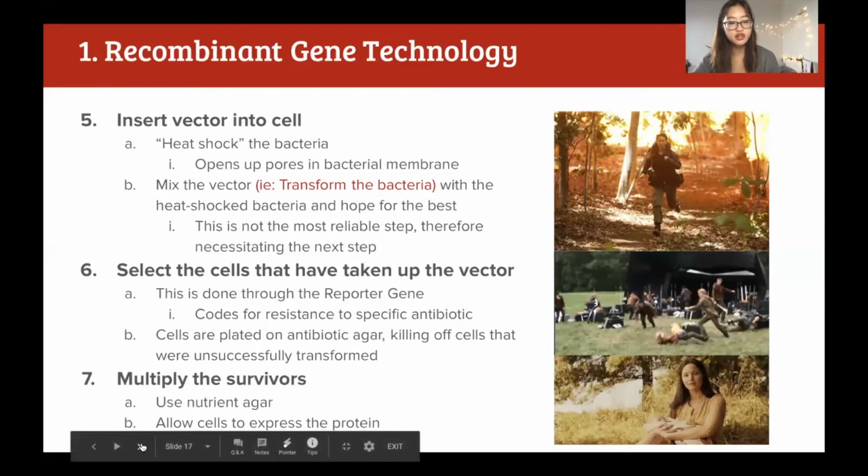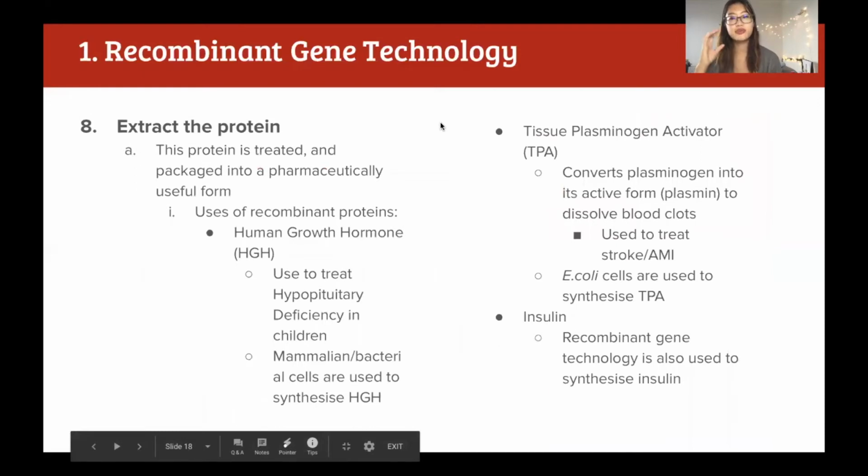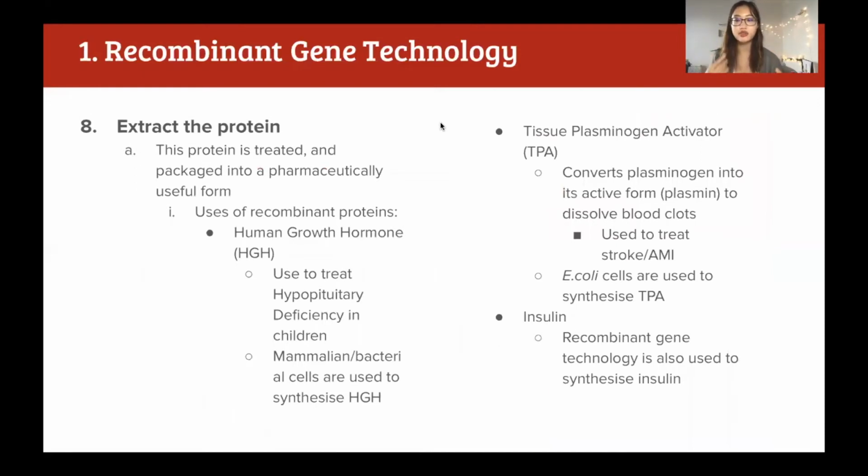So at this point, you've basically gotten a nice supply of proteins that have been coded for by the gene of interest that you have nicely isolated and taken out and multiplied. Okay, so this protein is then treated and packaged into a pharmaceutically useful form. You probably won't just inject the protein directly into yourself. You probably have it in the form of a medicine or a drug or something like that.